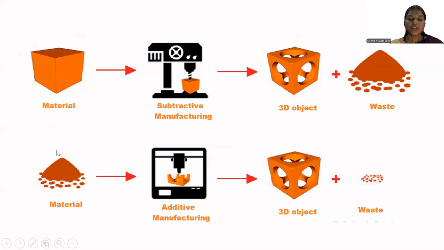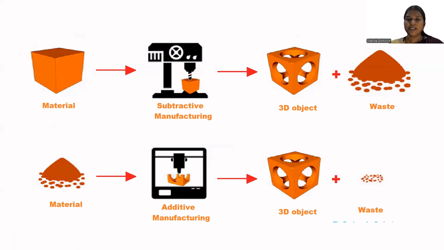While in the technology that we are discussing today, we have the raw material only as limited as we would require. Now, this material is sent into the additive manufacturer, that is a 3D printer, and along with it, we send the three-dimensional model of the product to be developed.